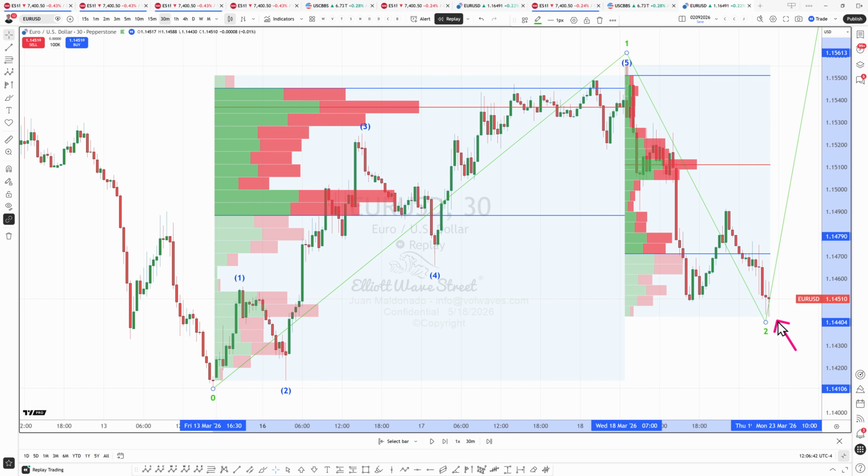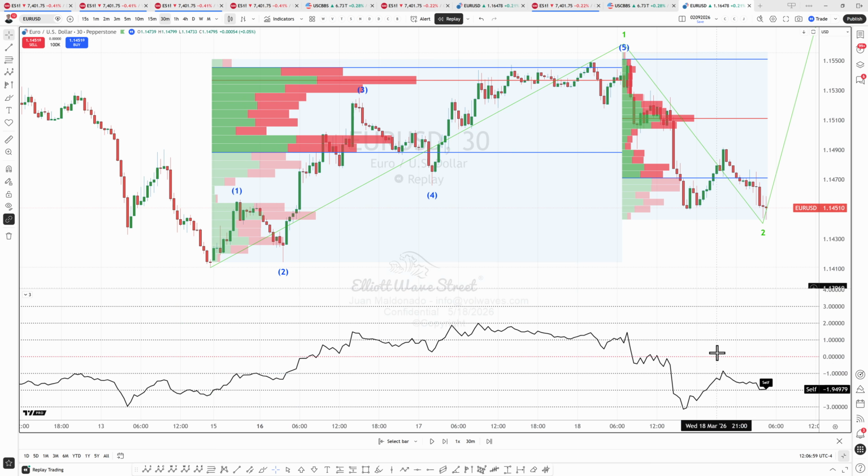Plus, there is the first candle that is closing above the previous candle low. This is the entry candle. We are ready. Minimum target will be the point of control and probably the fresh high. But for now, let's focus on the point of control. Also, we can complement this trade with our indicator, where at the very least we need to see the self coming back to the zero line.